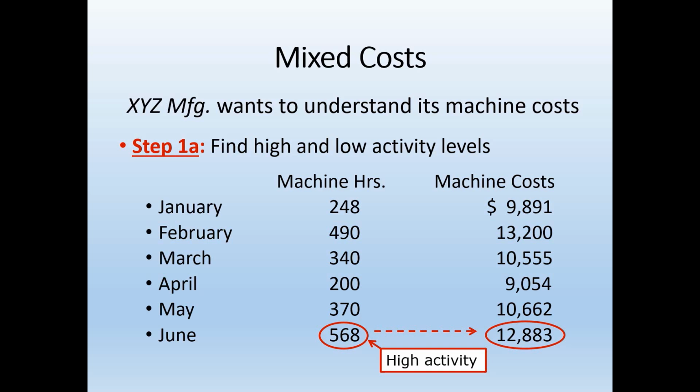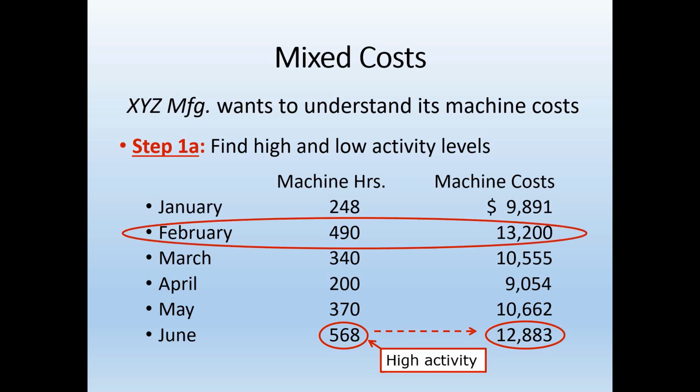We might have been tempted to pick February because February has higher machine costs than June does. But our model says that machine hours create machine costs, not the other way around.